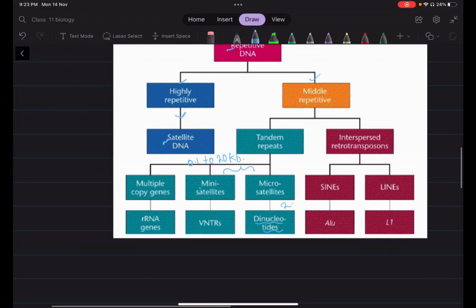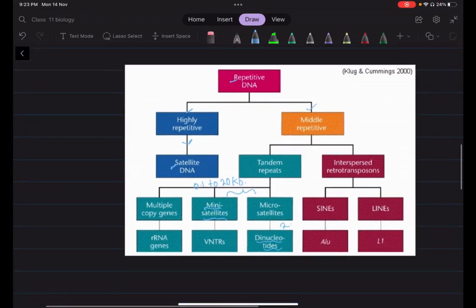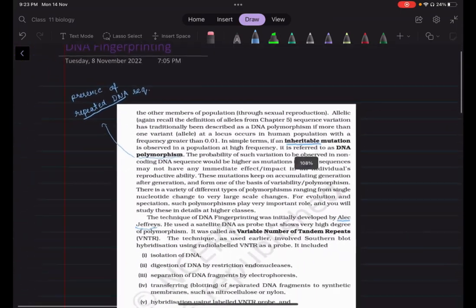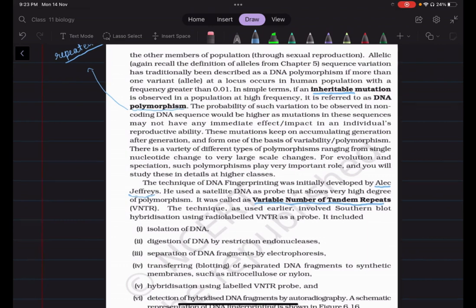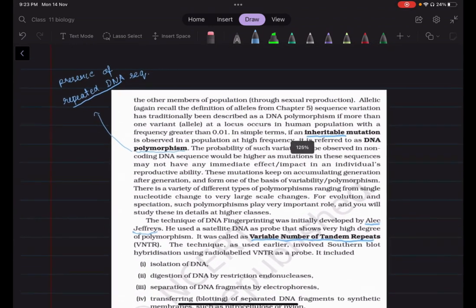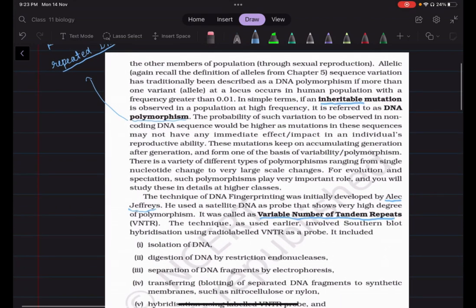The ones coming under this category, minisatellites, are called VNTRs. VNTR stands for variable number of tandem repeats, and this part of the DNA, the VNTRs, was used in the DNA fingerprinting technique.